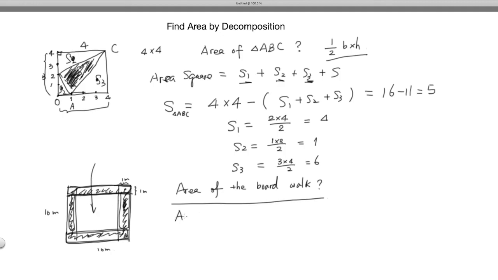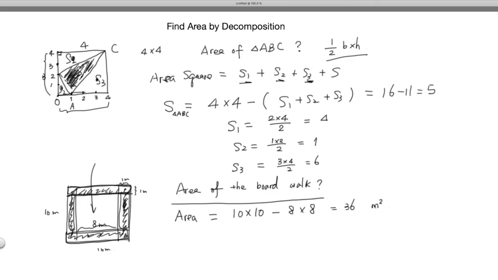So the area we want to find equals the area of the big square, which is 10 by 10, minus the area of the small square inside, which is 8 by 8. Why is this 8? Because this is 10 minus the two sides of 1 meter. So this is 8 meters. And this equals 36 square meters.